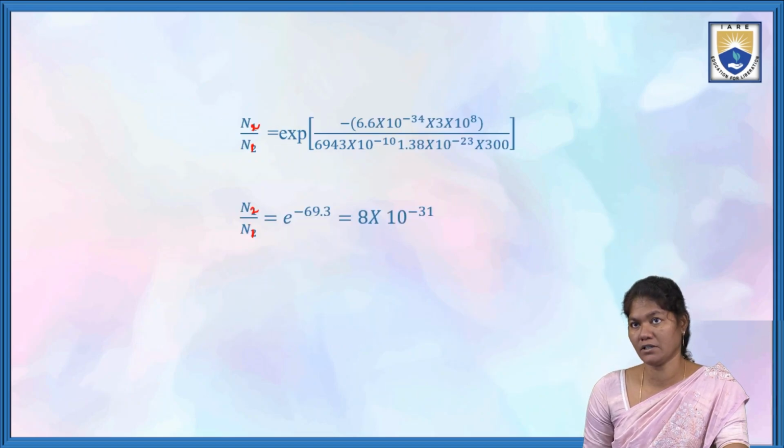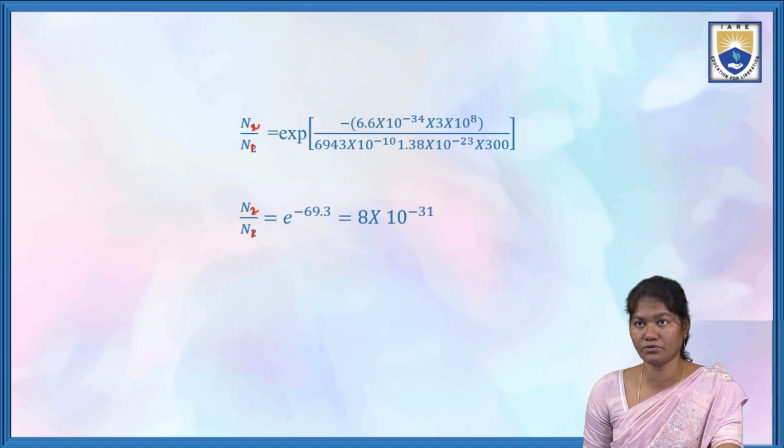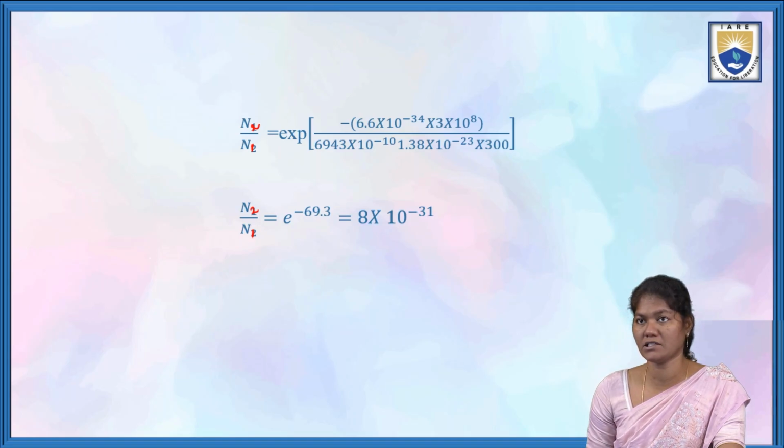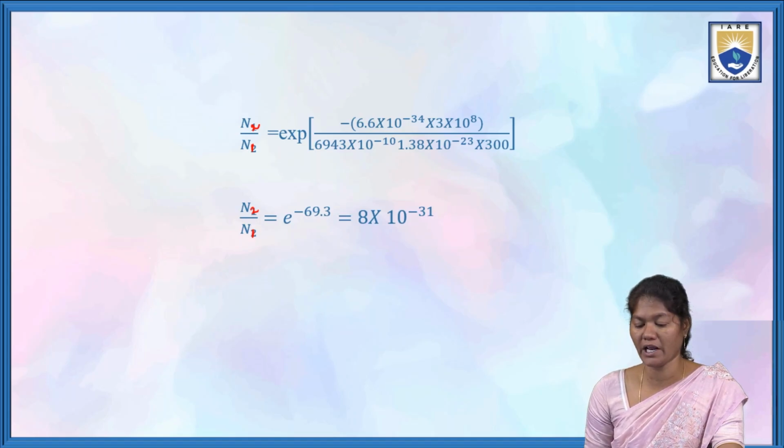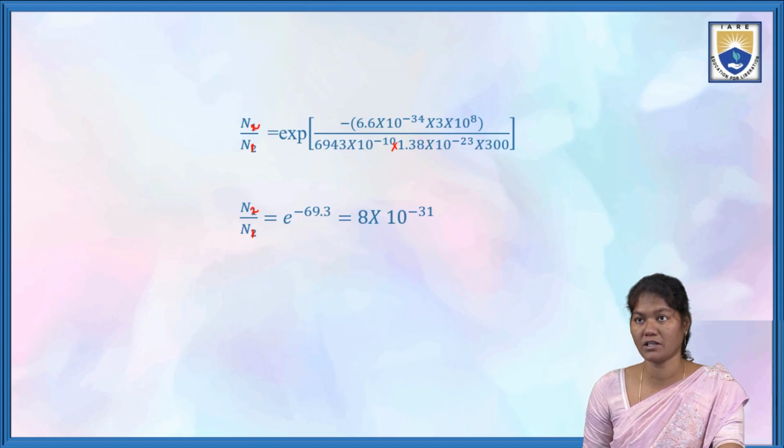N2 by N1 is equal to exponential of minus of 6.6 into 10 power minus 34 into 3 into 10 power 8 divided by 6943 into 10 power minus 10 into 1.38 into 10 power minus 23 into 300.